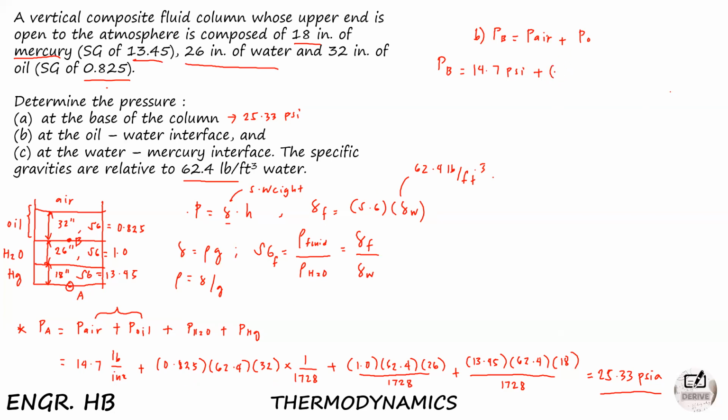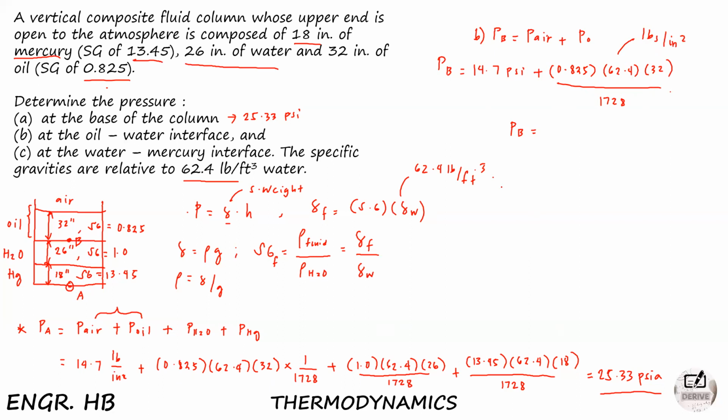So that was 0.825 times 62.4 times 32 divided by 1728. And we all know, no, na walang tingin-tingin, that this term is in pounds per square inch. So that was the importance nung ginawa kong pagbukod kanina nung isang term para lahat ito ay may susundan ng pattern.